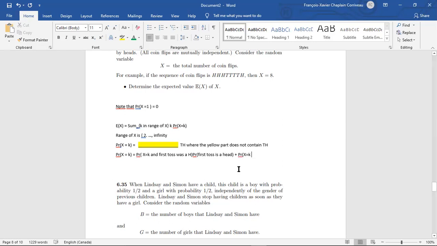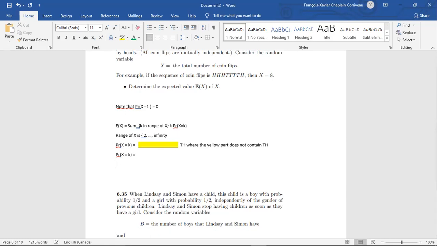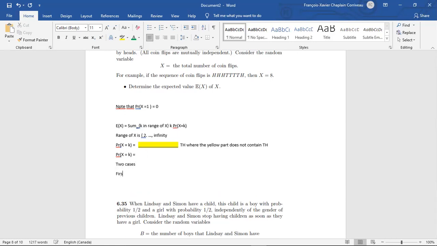So I'm just looking at two cases, right? So I don't even need to write this. I can just say two cases. First toss is head.